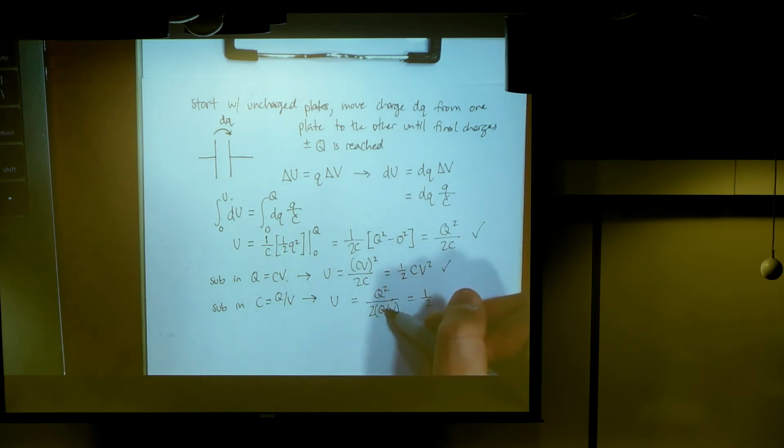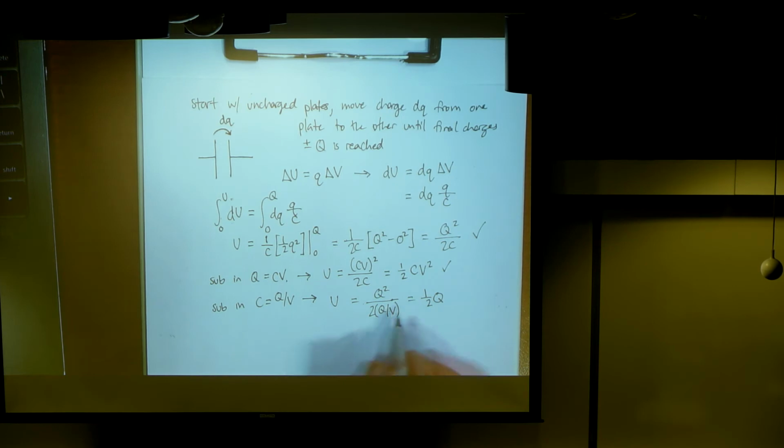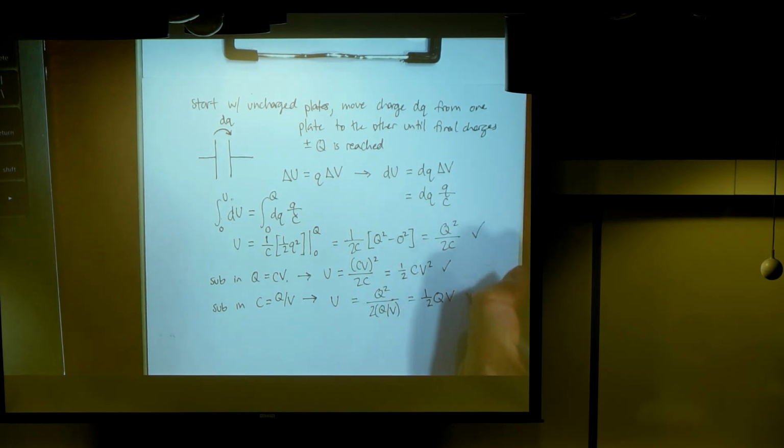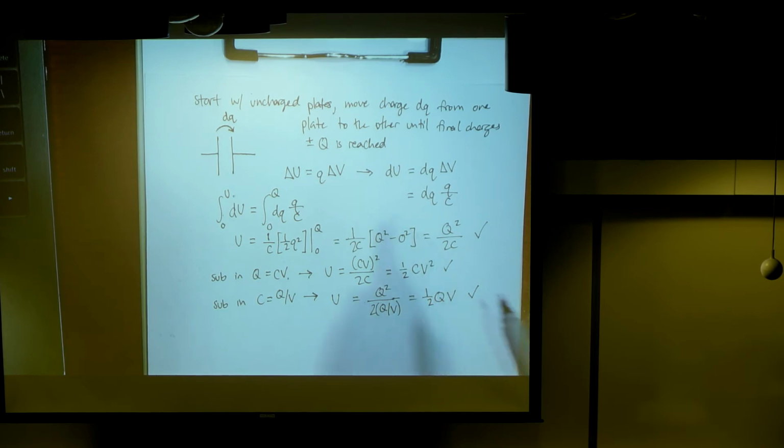Q squared divided by Q, that's just Q. And then this V comes to the top because we're dividing it twice. So I could also write this as a half QV. Again, these are all equivalent expressions. It really just depends on what information you're given as to what you want to use here, right? So if I know charge and I know capacitance, use the first formula. If I know capacitance and voltage, use the second formula. If I know charge and voltage, use the third formula, okay?